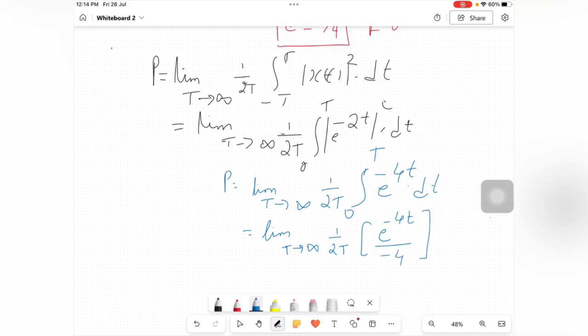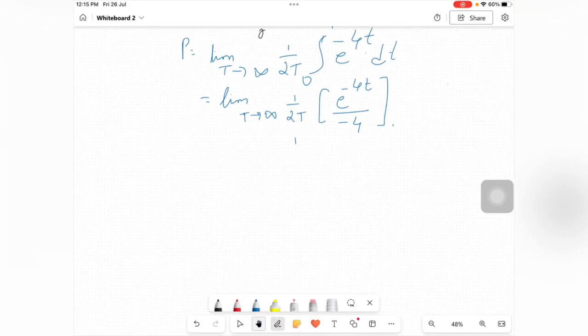Because of this minus 4 coming outside, you get minus 8t, limit t tends to infinity of 1 by minus 8t. So apply the limits 0 and t.